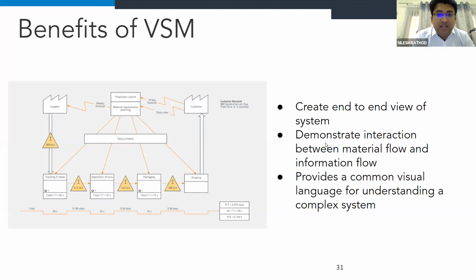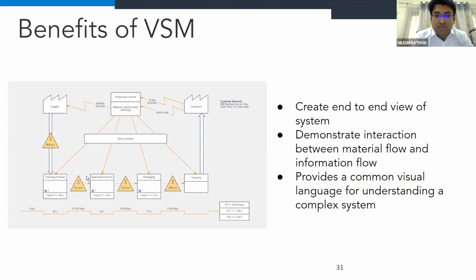Next, it demonstrates the interaction between the material flow and information flow. If I cut this value stream map into equal halves, the upper part is known as the information flow, which flows from the customer to the supplier, and the bottom part is known as the material flow, which starts from the raw material to the shipping or the final packaging department.